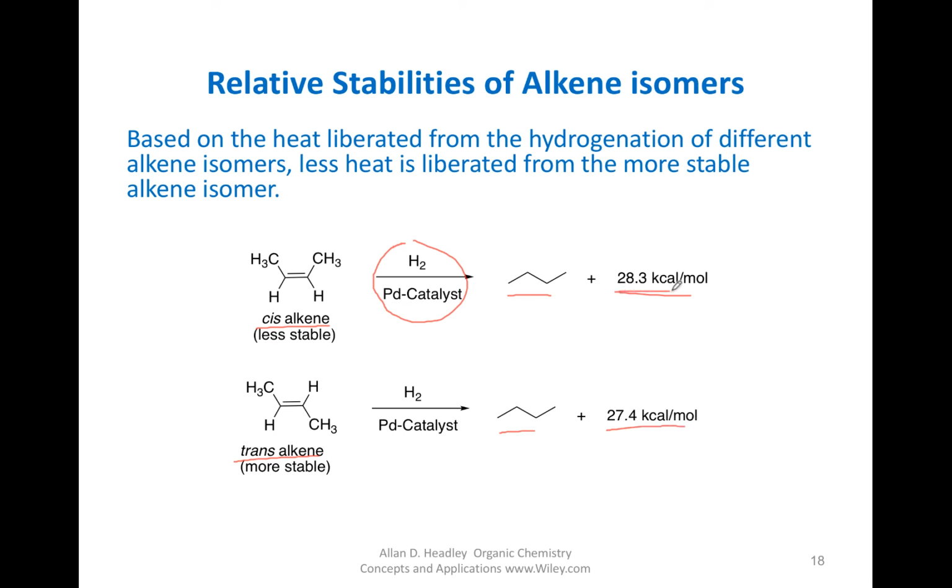We have more heat liberated here for the cis and less heat, not much, but less heat liberated here for the trans arrangement. Conclusion, the trans alkene is more stable than the cis alkene, just based on this experiment here.